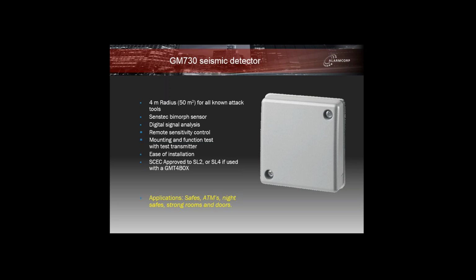And that's a product you'll see on further slides. The typical applications that we would use a GM730 in would be in a small safe, or an ATM, or a night safe, or a strong room, or on the door of a strong room.